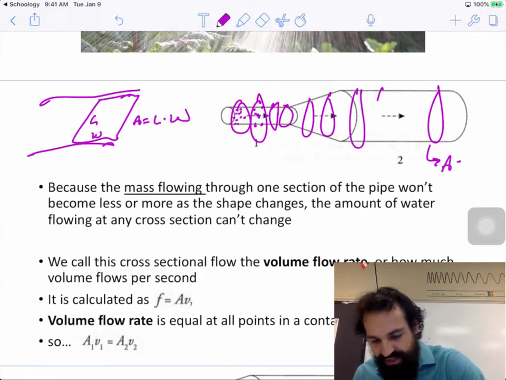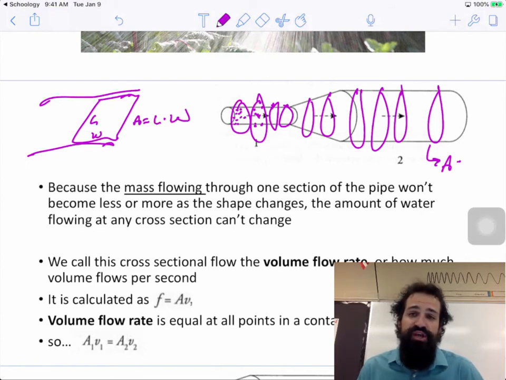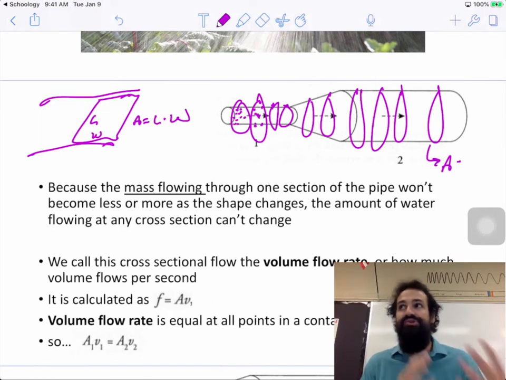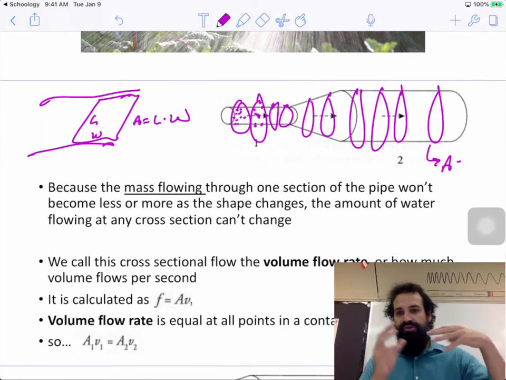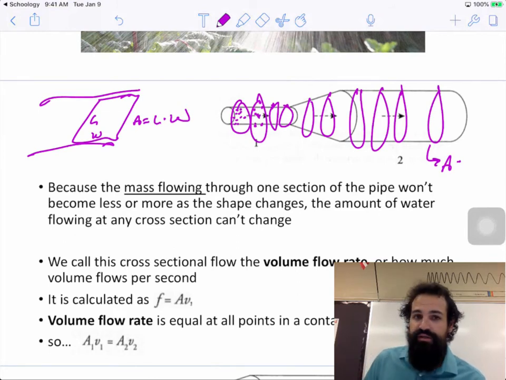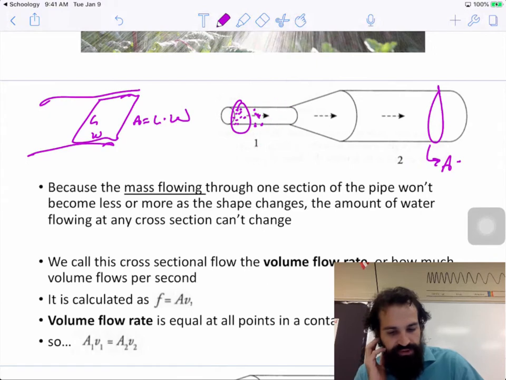As those cross sections get to this area, because the pipe changes shape, gets bigger, gets smaller, whatever the case may be, the amount of total water flowing at any single cross section doesn't change. So the volume flow rate remains constant no matter where in the pipe you are.